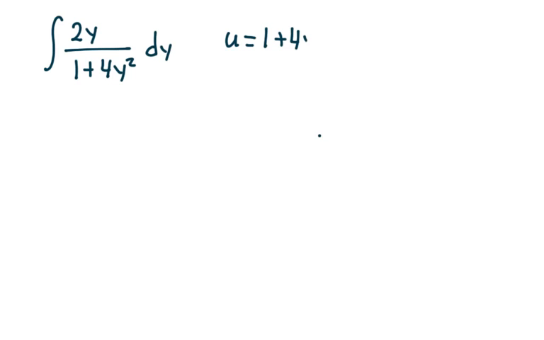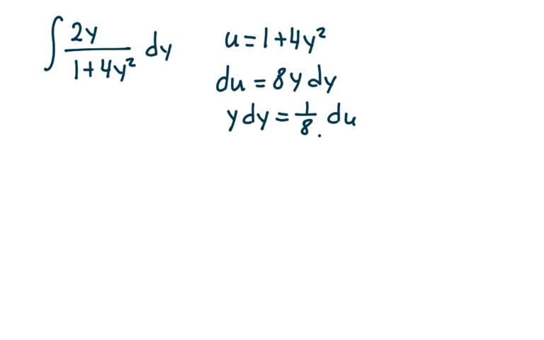So if I were going to do the integral of 2y over 1 plus 4y squared dy, this is a perfect u substitution. I would let u be equal to 1 plus 4y squared. du is 8y dy, and so y dy is 1 over 8 du. And so this is 2 over 8 times the integral of 1 over u du.